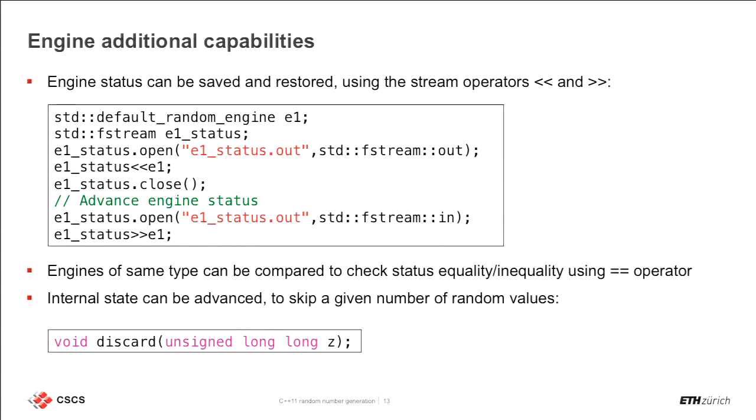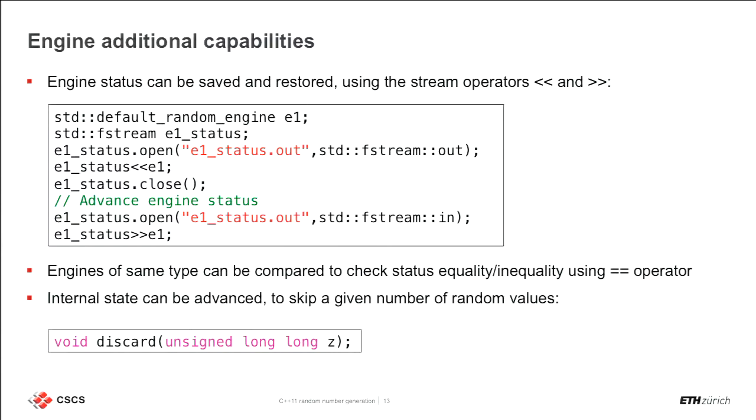Then at some point we can do something like this, which allows you to store the status of the random engine on a file, for example, and this status can be restored. This is quite useful if you need to create checkpoint files during your simulation, because you can restart the simulation exactly from the point of the checkpoint file.